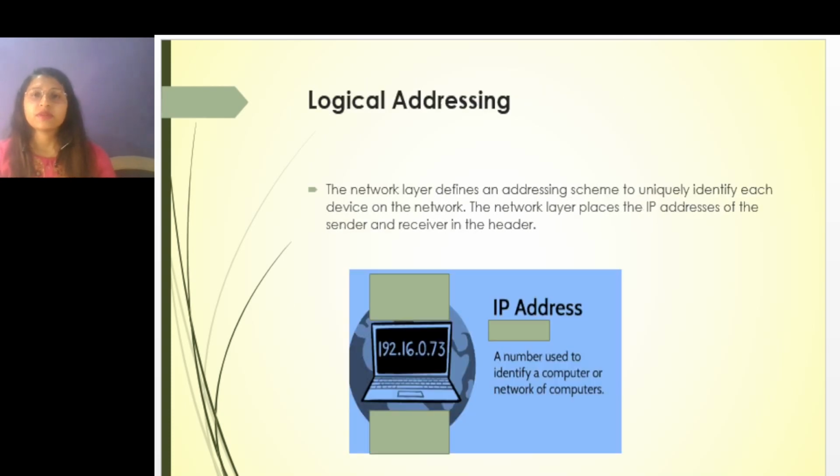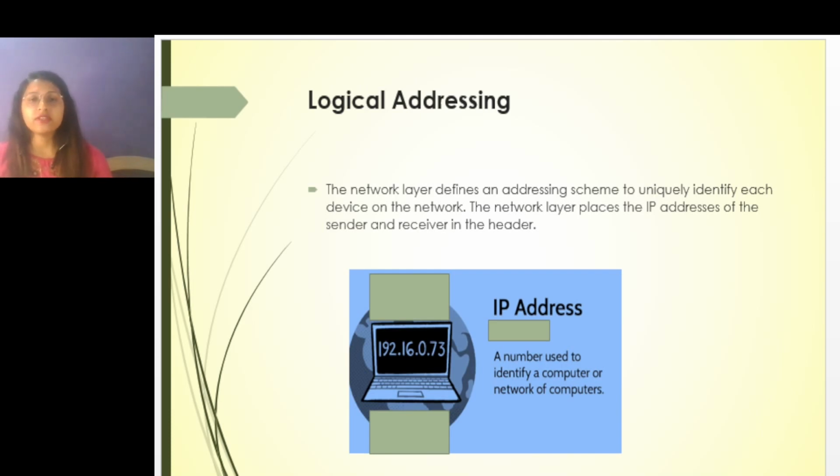So here the concept of the logical address comes in. What do you understand by the logical address? It is a special, uniquely identifying address of the devices on the network. The network layer places the IP address of the sender and the receiver in the header section of the packet.